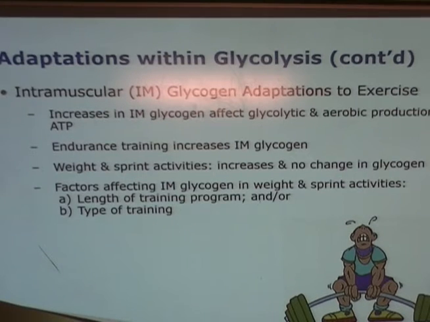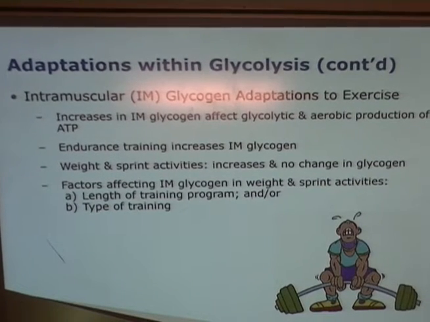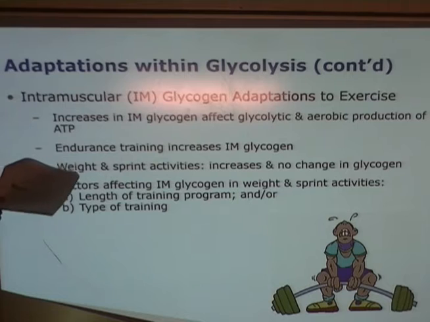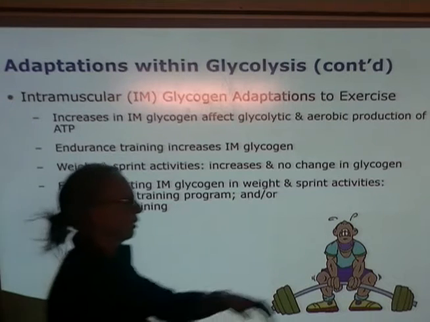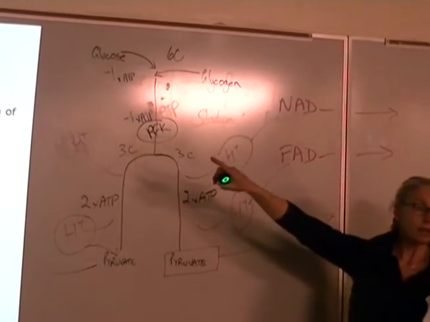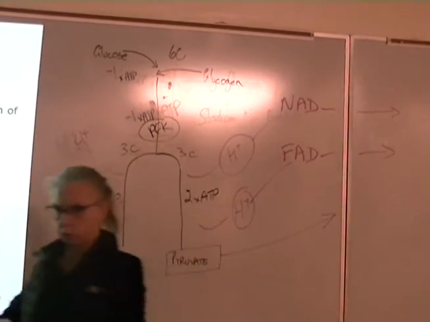We see a much larger store of intramuscular glycogen in athletes who train system 2, also in athletes who train for aerobic events, endurance events, because remember that if we switch to system 3, we're still going to use our carbohydrate from the system. So aerobic events train glycogen storage, and system 2 events train glycogen storage.